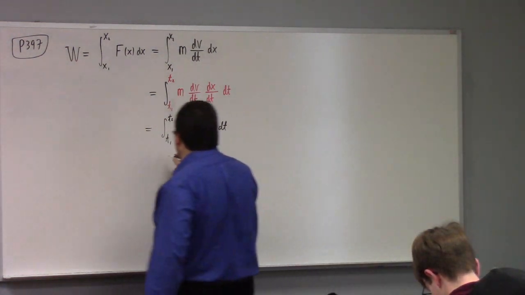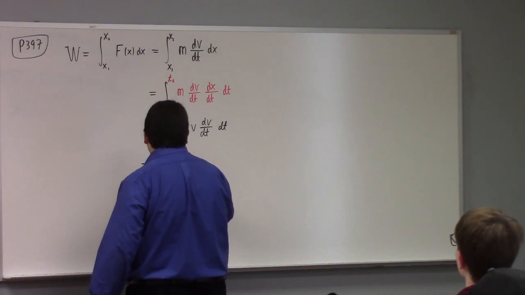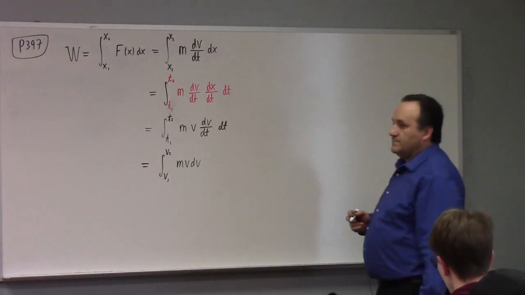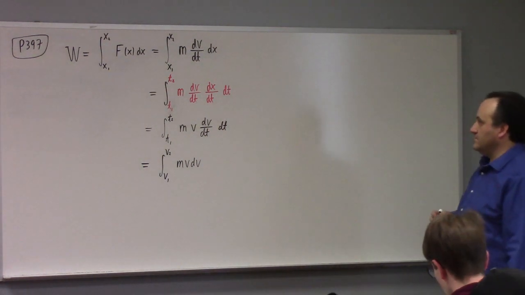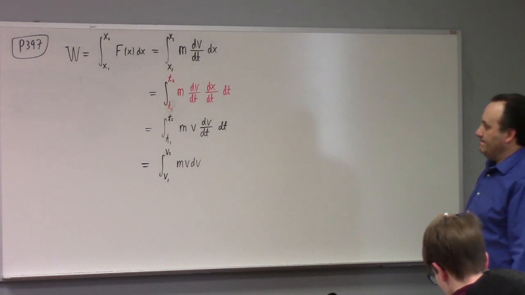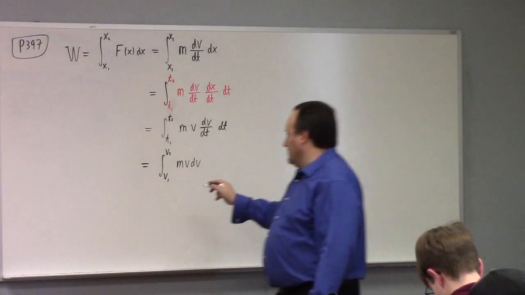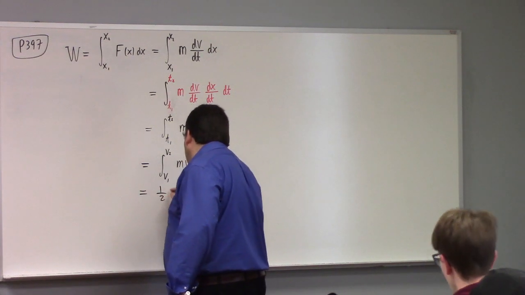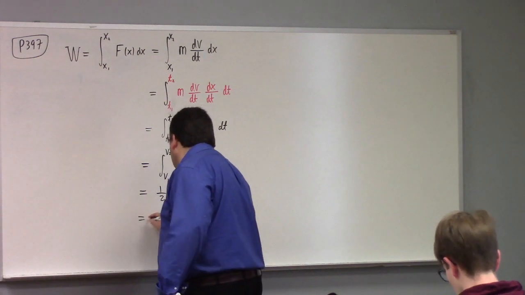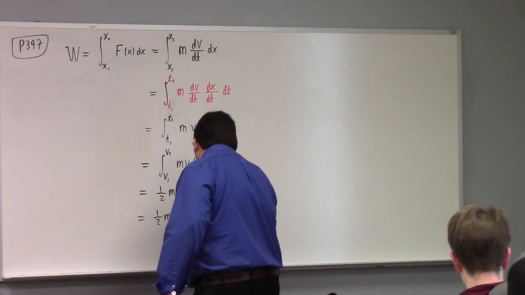If I cancel the dt's, I have to change my integration bounds again, v1 to v2 of m v dv. But now we can just integrate, right? That's 1/2 m v squared evaluated from v1 to v2, which is 1/2 m v2 squared minus 1/2 m v1 squared.